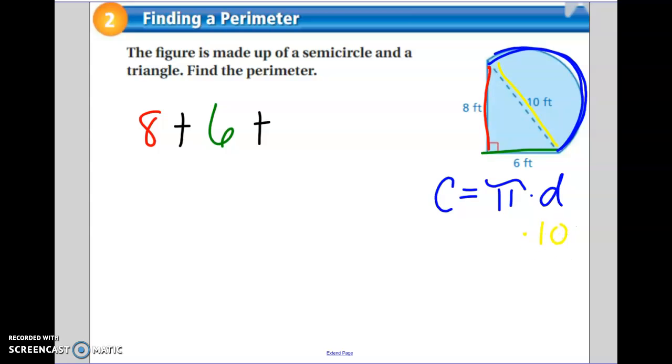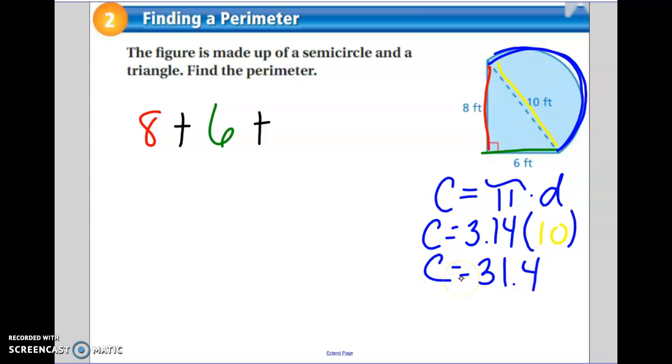I'm going to approximate pi to be 3.14, and I'm going to multiply that by 10 to give me the circumference. 3.14 times 10 is 31.4. But just to point something out, that would be the entire circle. What we just found. So remember, we don't want the entire circle. We want just half of that circle.